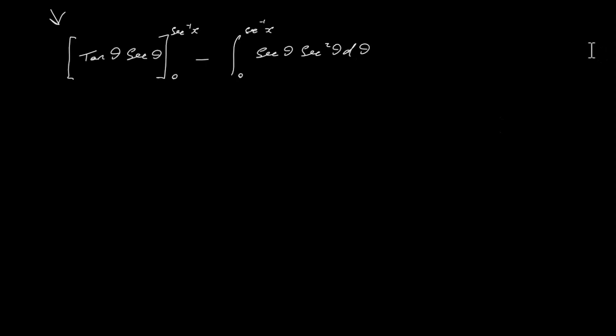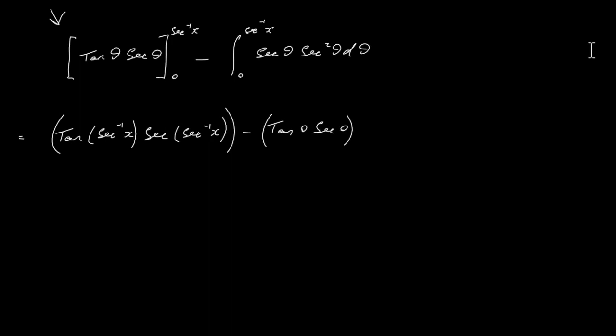Let's substitute in our limits now. We have tan of sec inverse x, and then we've got sec of sec inverse x, minus, we've got to put in the 0 now, so it's going to be tan of 0 sec of 0. Now we've got to subtract this integral here.